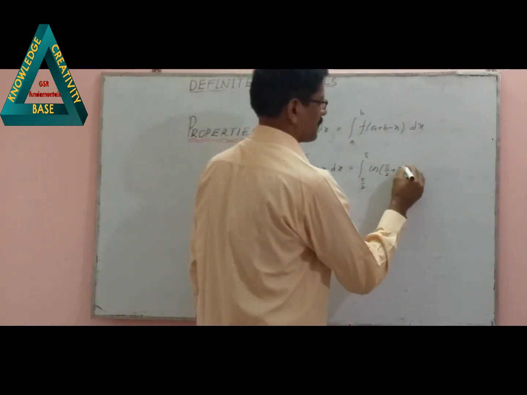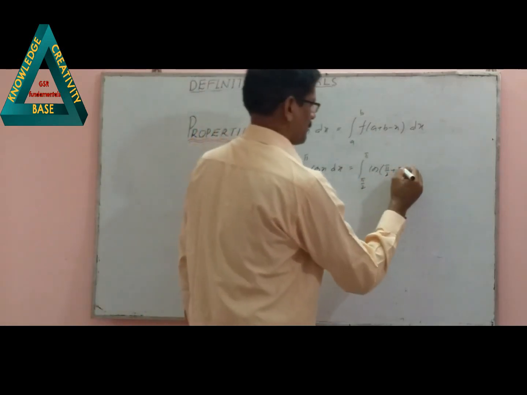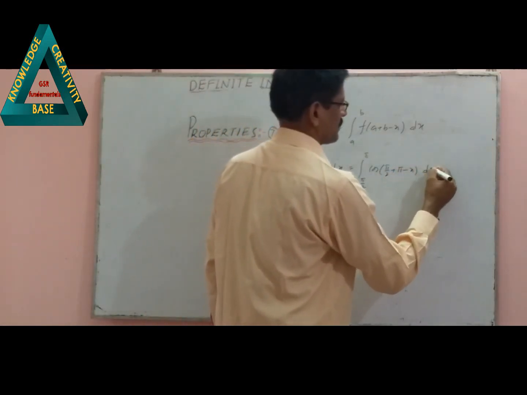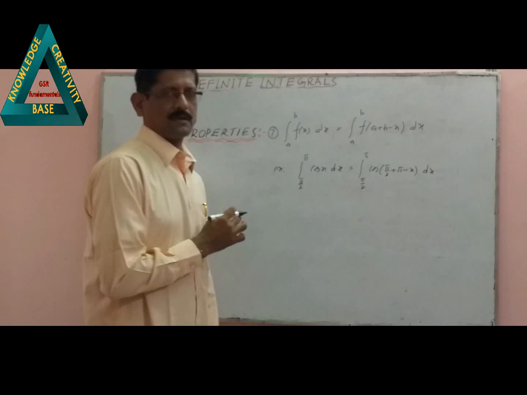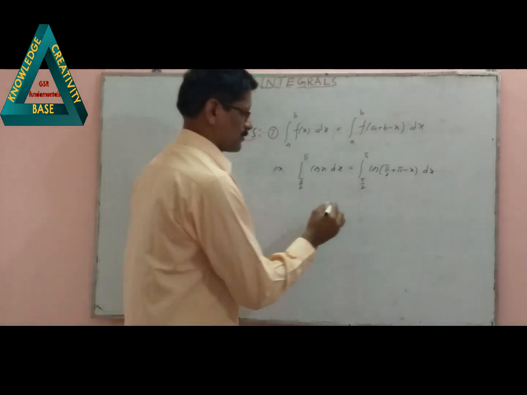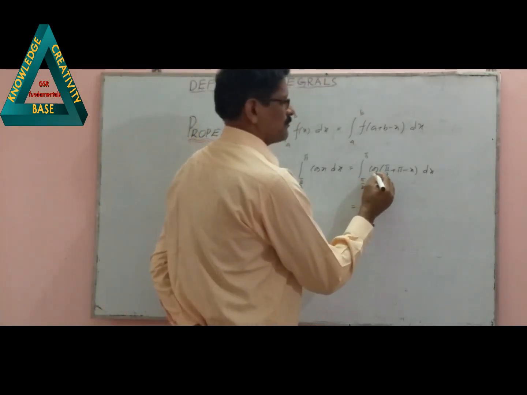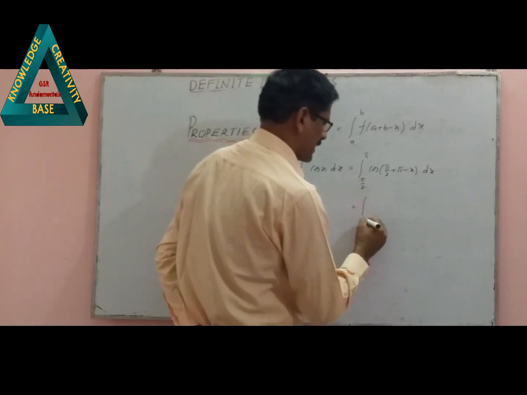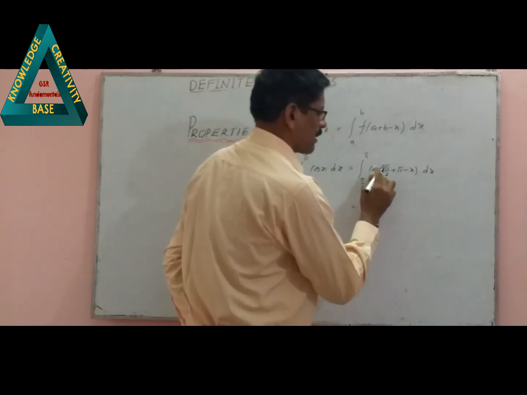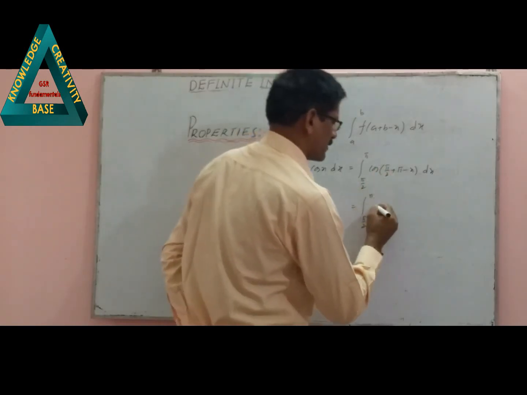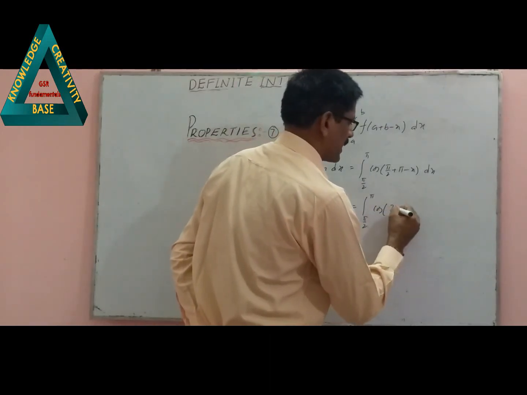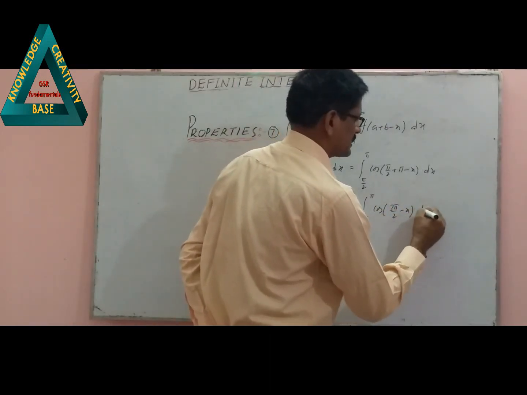Pi. What is the variable? Minus x. These two are equal. To verify that, this equals integral pi by 2 to pi cos of 90 plus 180, that is 270, that means 3 pi by 2 minus x dx.